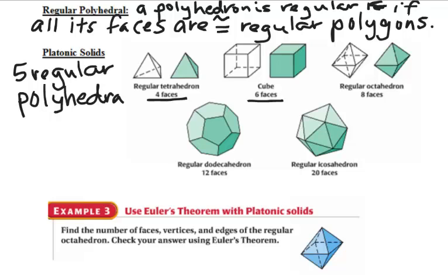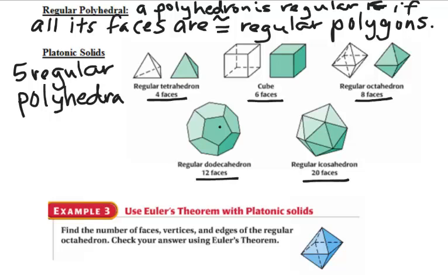A regular octahedron has 8 faces, all congruent triangles. A dodecahedron, 12 faces. Each one is a regular pentagon. And then an icosahedron has 20 faces, all congruent regular triangles. And those are our 5 regular polyhedra.